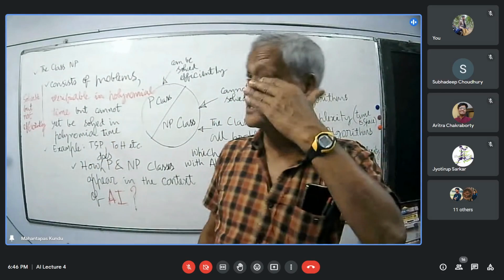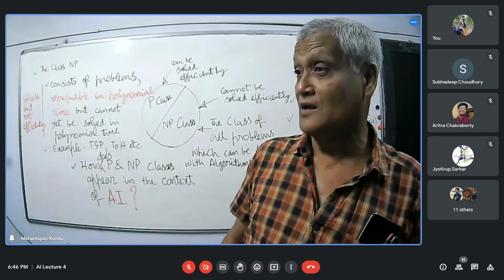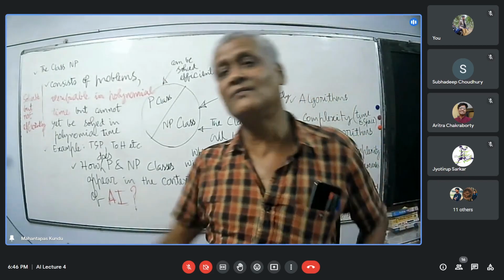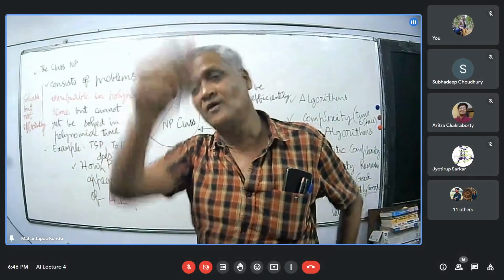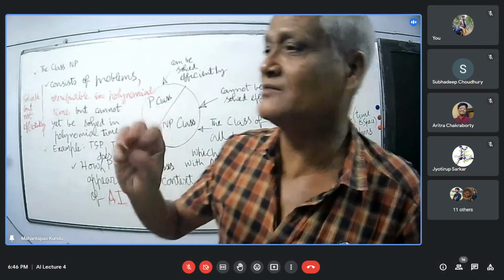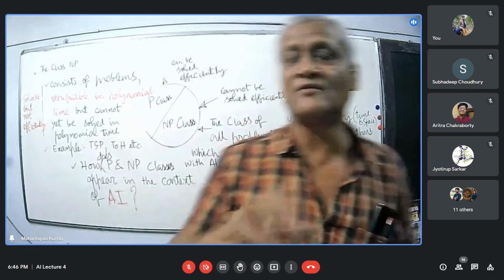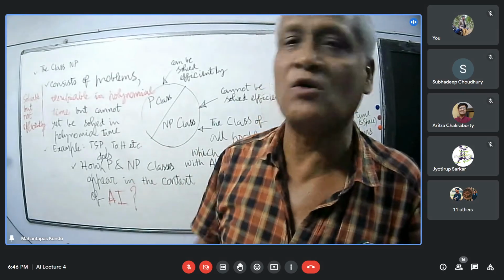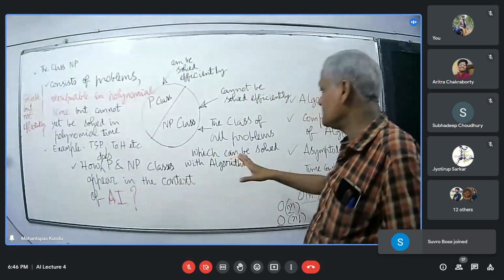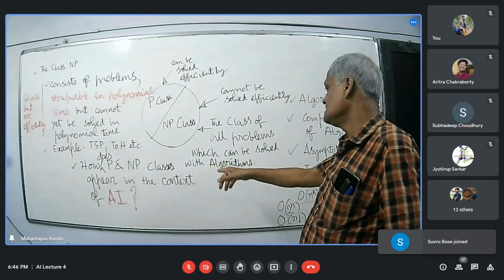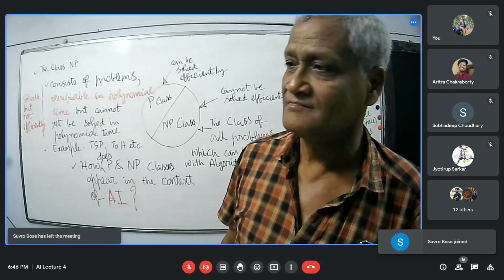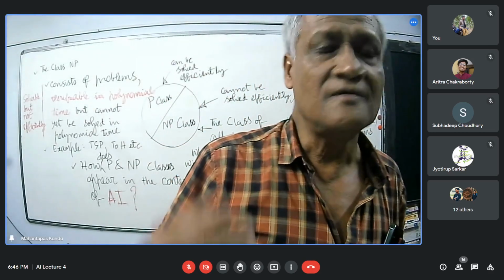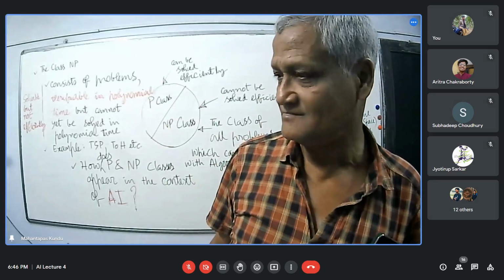Can you follow this question? To discuss AI, I have already taken 4 lectures to discuss algorithms and complexities and P and NP classes of problems. Why is it so? Why am I discussing all these before explaining AI?